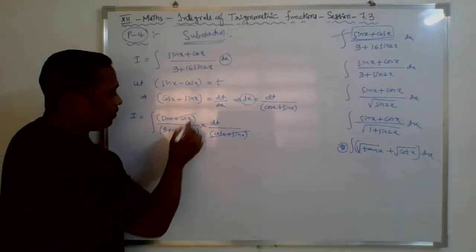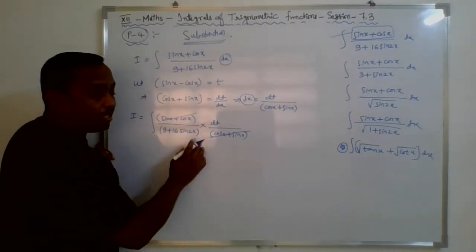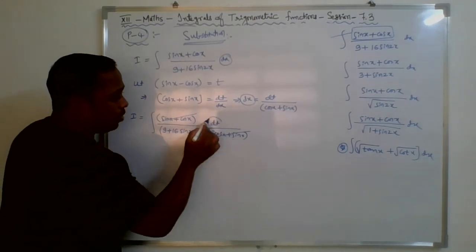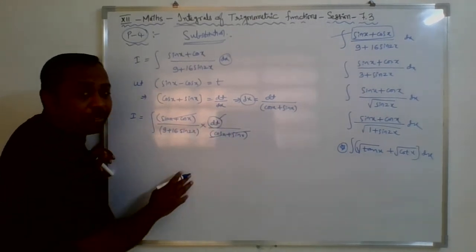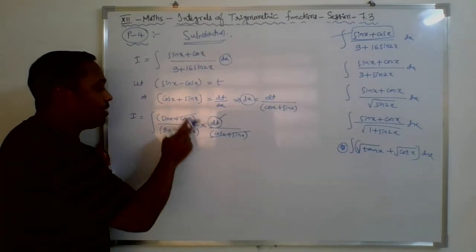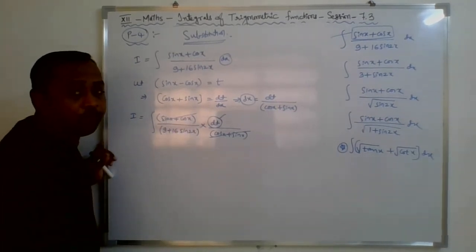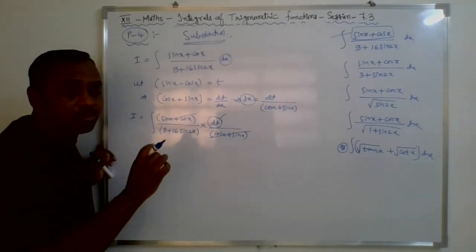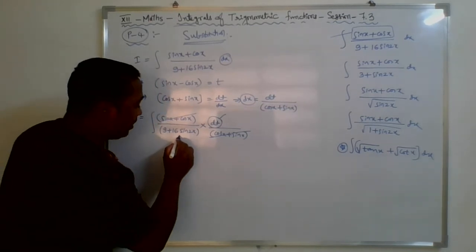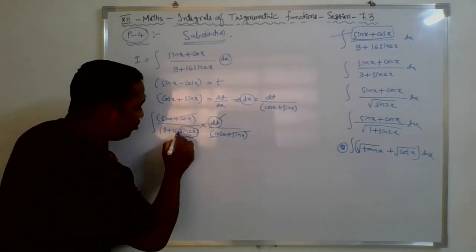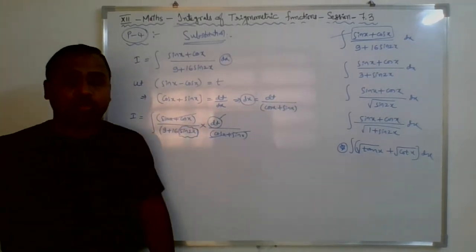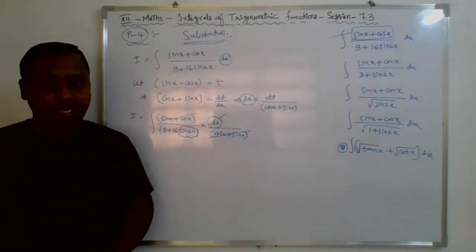So we are left with 1 upon this factor where we are doing the integration with respect to t, hence the entire remaining function must be in terms of t. So I need to change sin 2x also in terms of t.